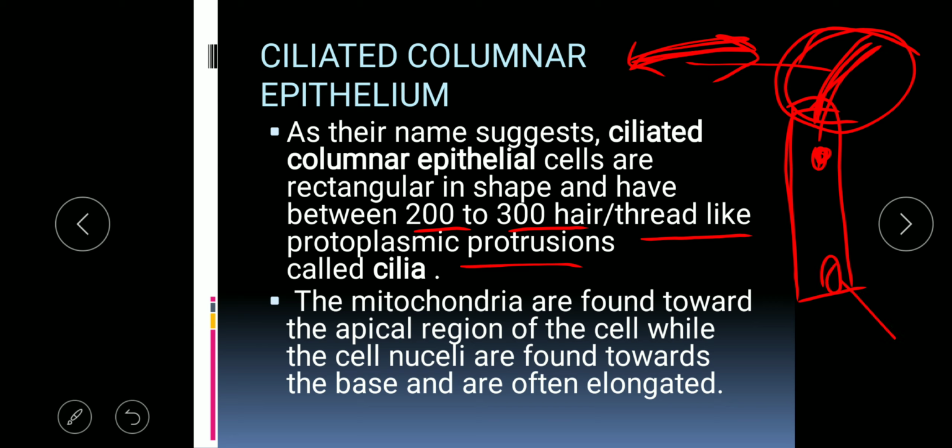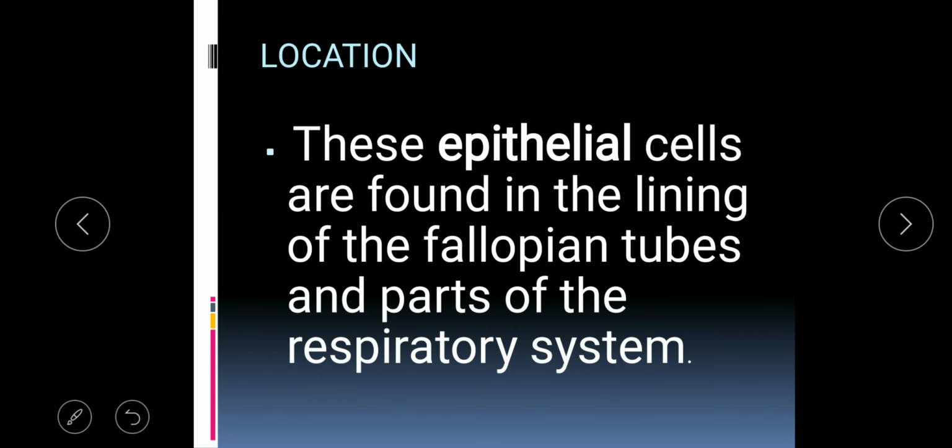So this is the nucleus and this is the mitochondria. And cilia is present at their free ends. Free ends means which is not attached to the basement membrane. This end is attached to the basement membrane, but this end is free. So cilia will be present on the free ends.